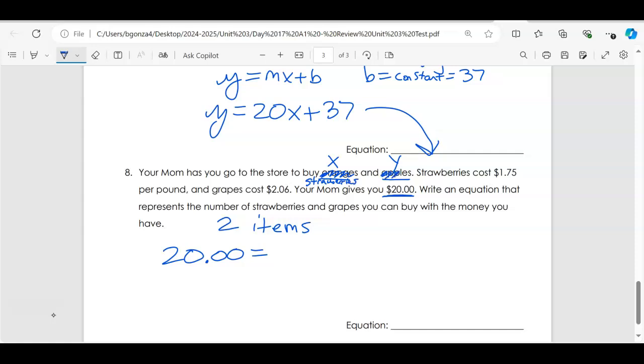This is supposed to be grapes, so it should be fixed on your page. So anyways, we're going to add up our strawberries and grapes. So we're going to have x plus y, but you got to put the value of the strawberries, 1.75, and then you got to put the value of the grapes, 2.06.